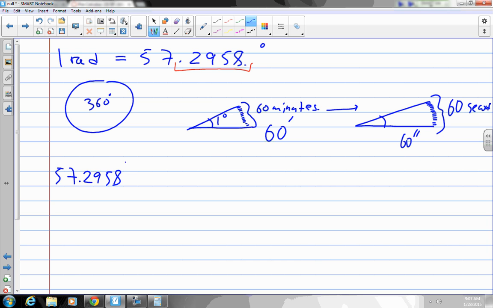So I can actually convert 57.2958 degrees into 57 degrees, and then how many minutes? It's whatever the ratio of 29 to 60. That's almost a half.